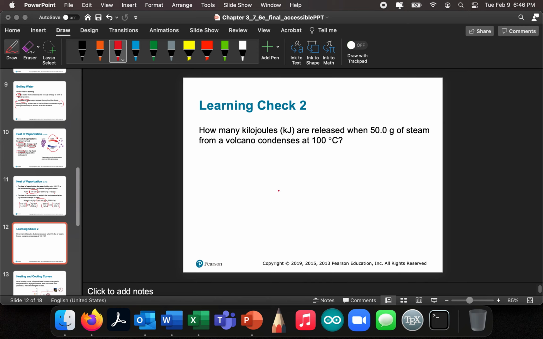So pause the video here and set this up, and then I'll do it, and then check your work against mine. Okay, so let me suppose that you did pause the video, and its equation is going to be the same as the other one, except this time we're going to say heat of vaporization, right?